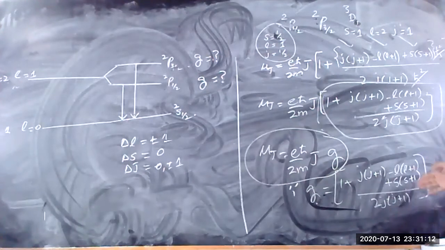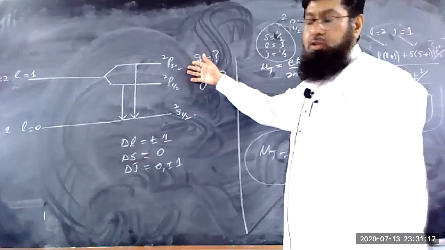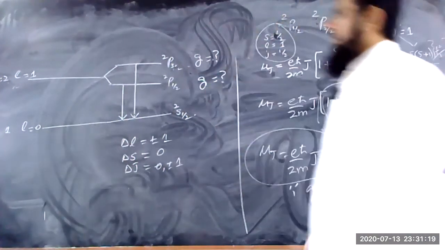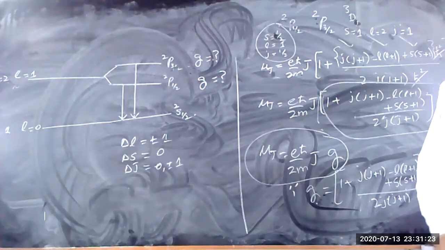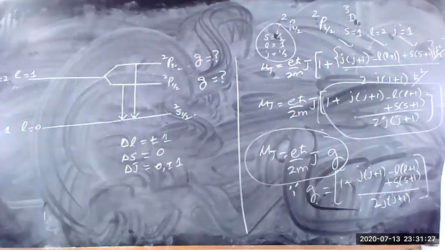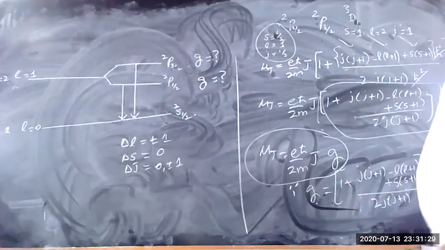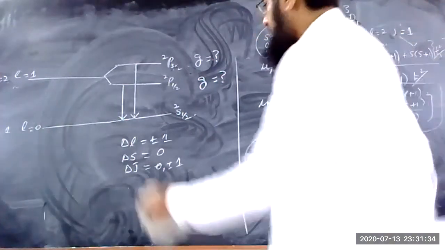So this is the situation of LS coupling. Now we have to look at the G factor in JJ coupling. So the second topic is to find the G factor using JJ coupling. This topic is completed here.